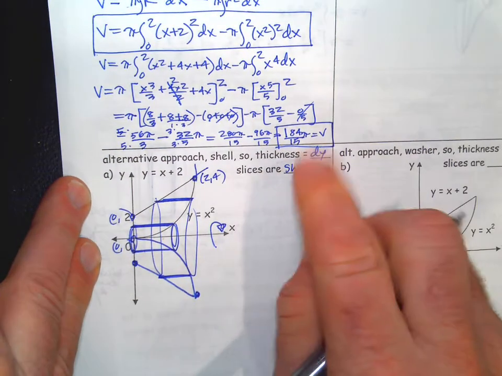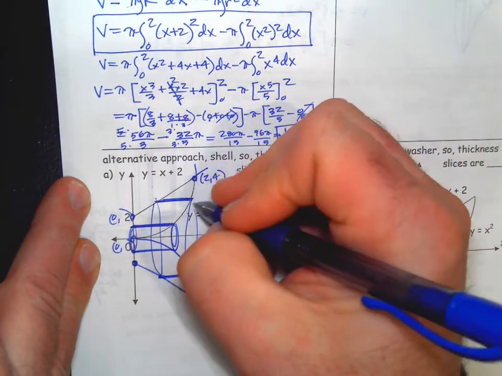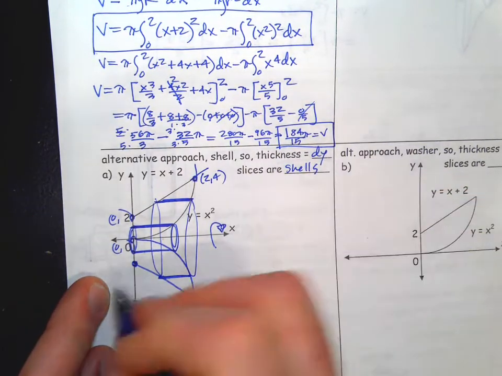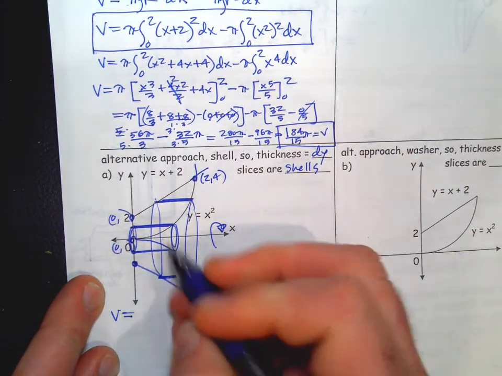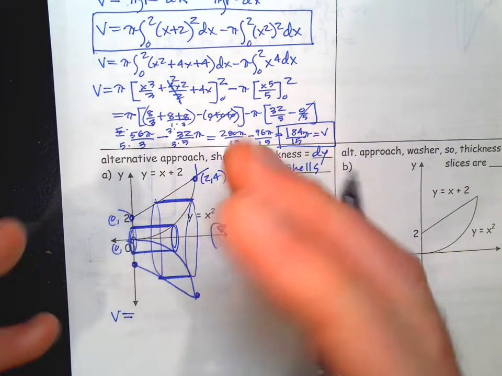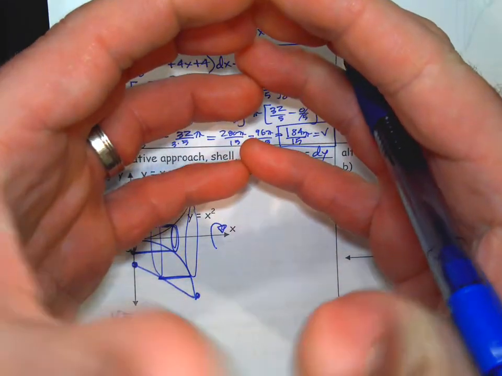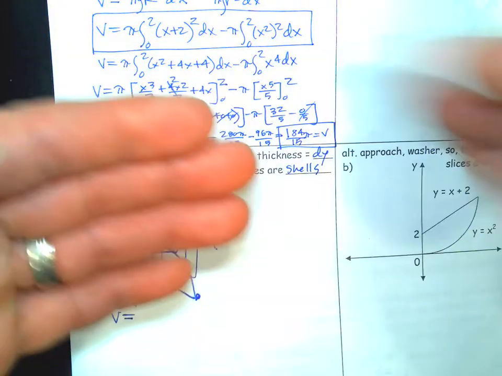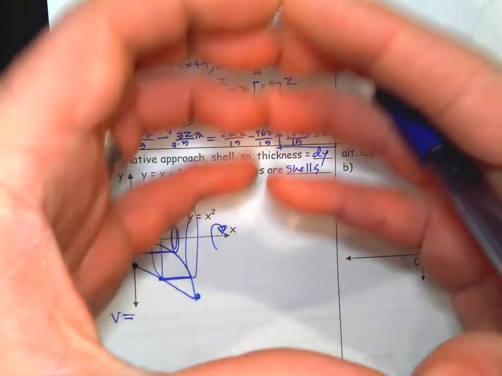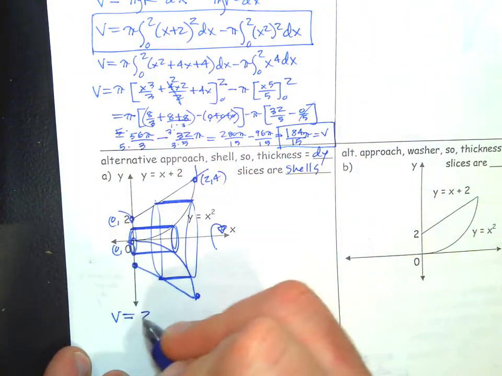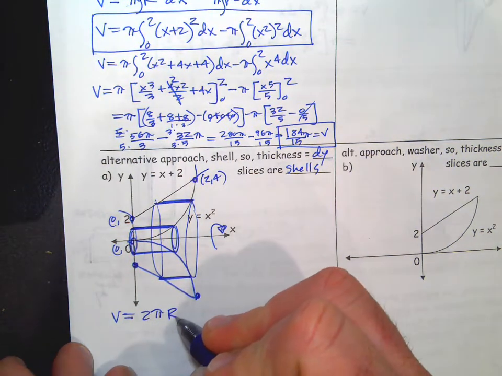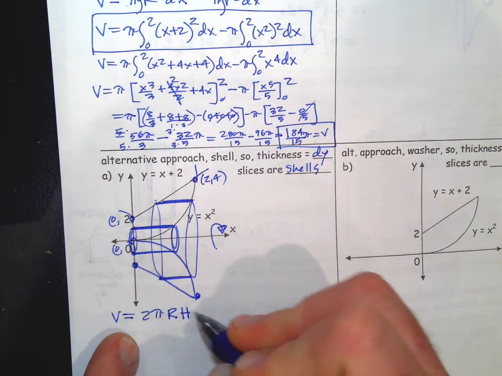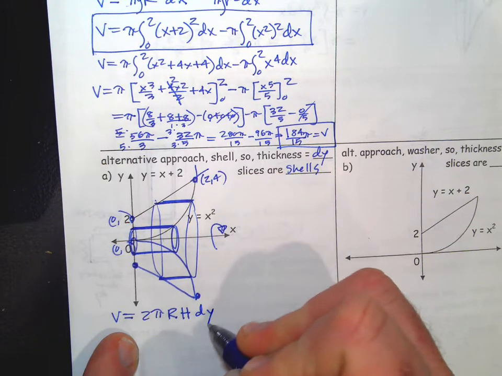So we're going to need to get everything in terms of y, but let's just start with one of the shells. So the volume of a shell, remember, if you take the shell and you slice it open, you get a rectangle. And the base of the rectangle comes from the circumference of the original shell. So it's going to be 2 pi r times the height dy.